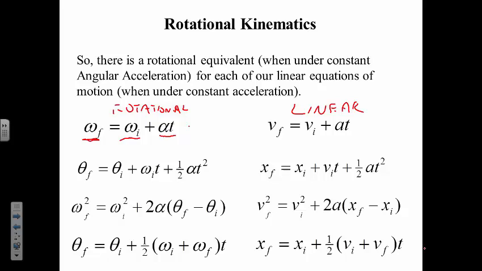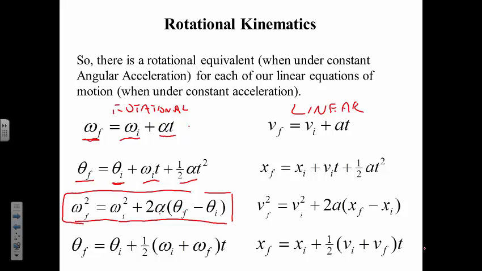You have your equation that tells you that if you had some initial angle and some initial rotation speed, and you apply an acceleration, one half alpha t squared, you'll have some new location after some amount of time. The third one gives us an angular position and relates our angular position to our acceleration and our speeds.